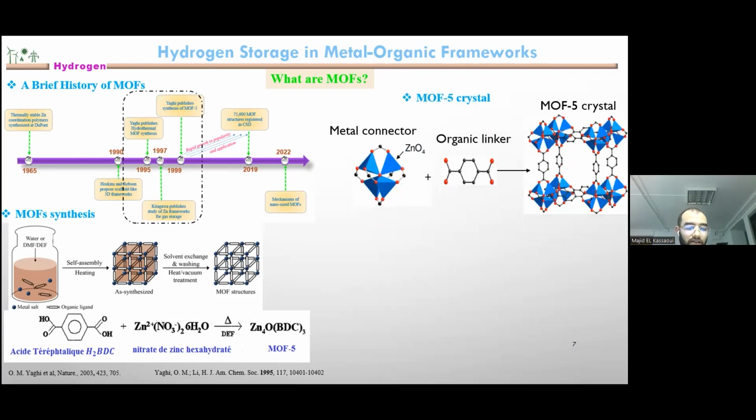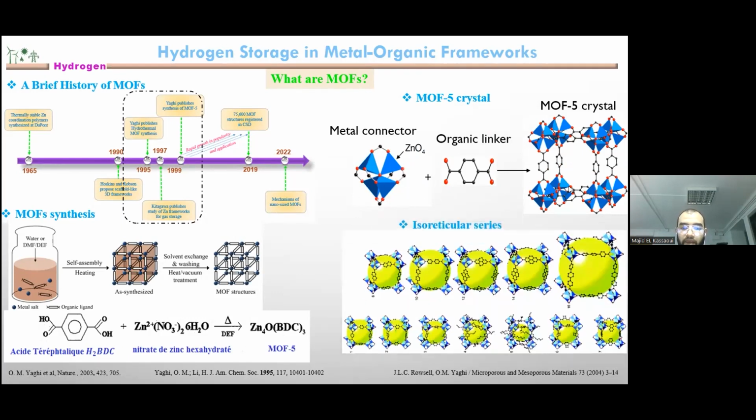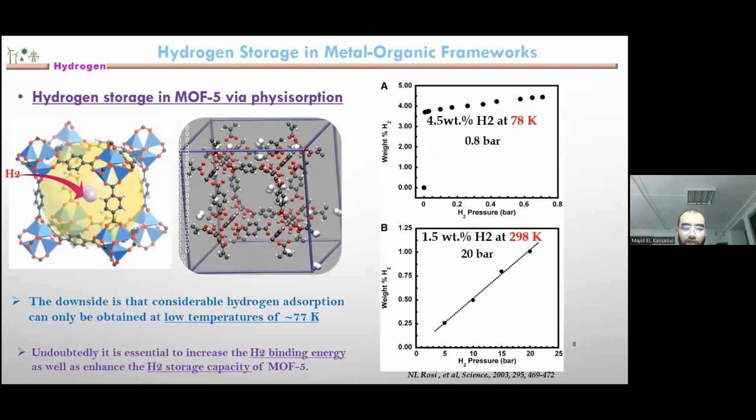MOF-5 is a crystalline coordination polymer, which consists of metal clusters connected by organic linkers. On the other hand, a large series of isoreticular metal organic frameworks have been produced, in which each member has the same cubic topology, and they store hydrogen via diffuse absorption.